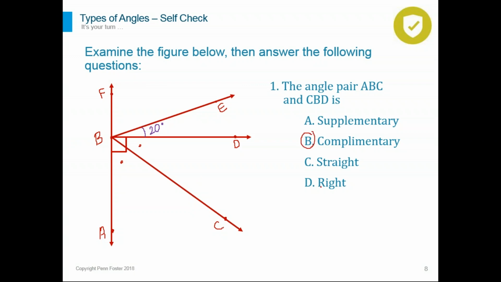Right angle, the answer D, is not the perfect answer because not each angle measures 90, and right angle is not a relationship between two angles in a pair, so complementary is the right answer.